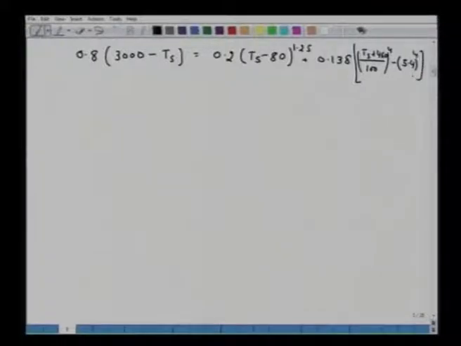So, if we solve by trial and error, we get T s equal to 575 degree Fahrenheit. Mind you, all the formulas which I have used to solve this particular problem are given in lectures 28 to 32.